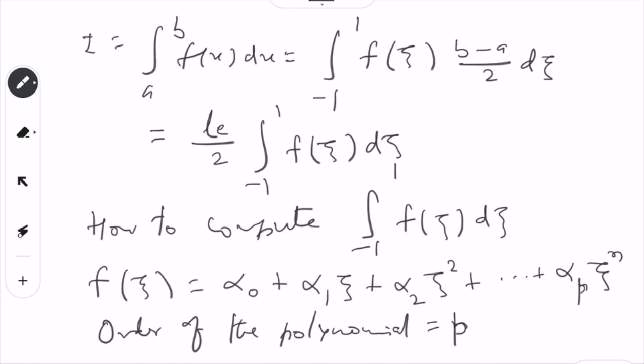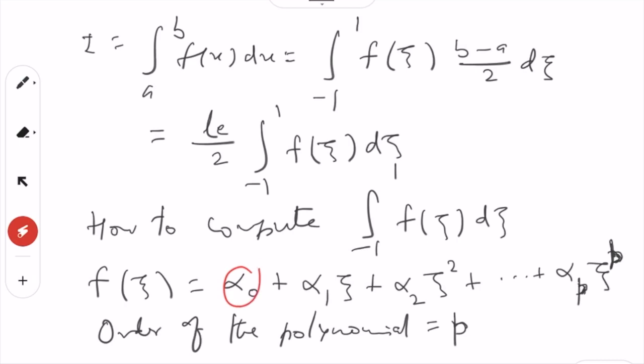So in your book also I think it is written like this, so you will not be confused. Okay. Now if that is the case, then the order of the polynomial is p, hence the number of unknowns will be equal to p plus 1, right?